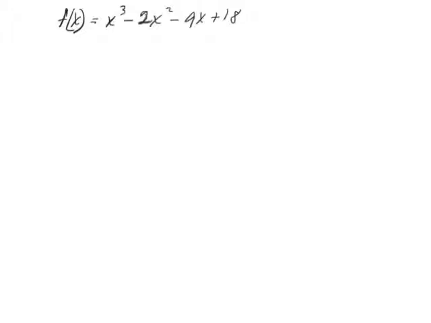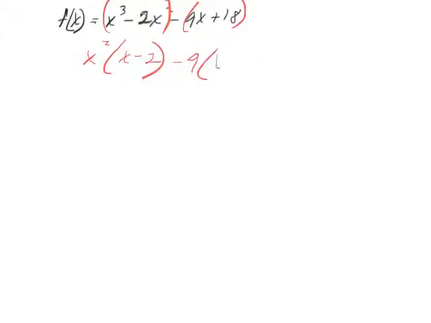Okay, so let's go ahead and find the zeros, and we're going to use grouping here, and you already have learned how to do some grouping. So what we'll do is group these two together, and we'll group these two together. And we can factor out an x squared and have left x minus 2. And then we will also factor out a 9.